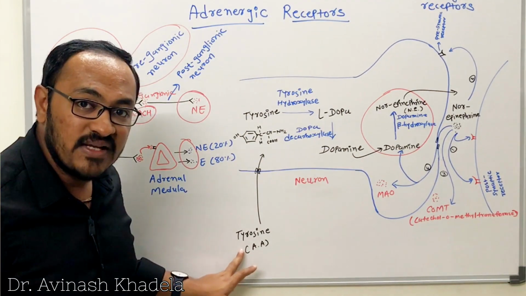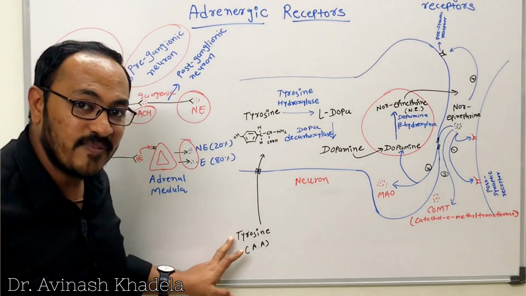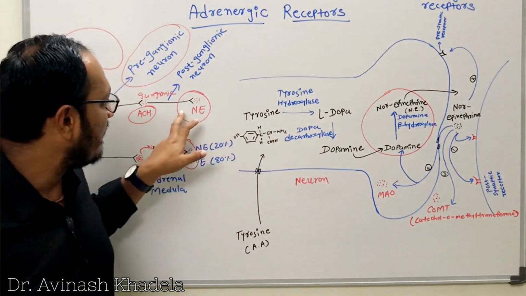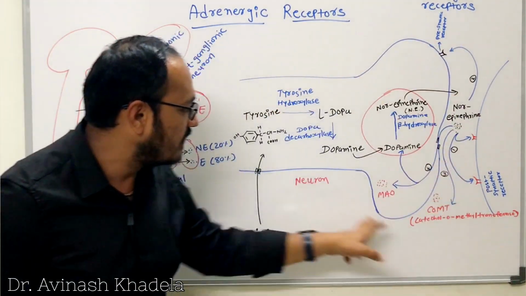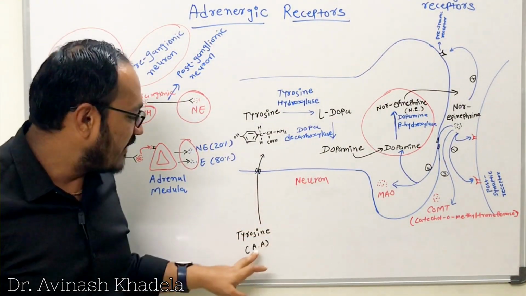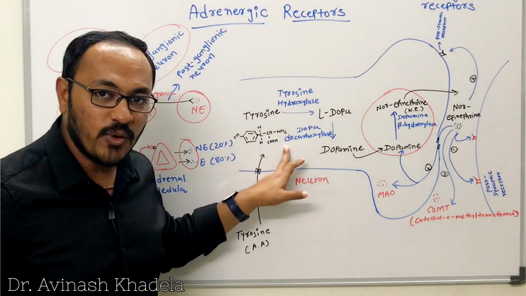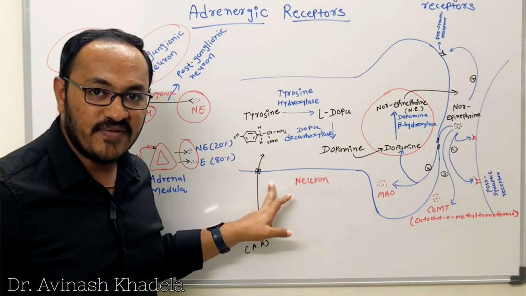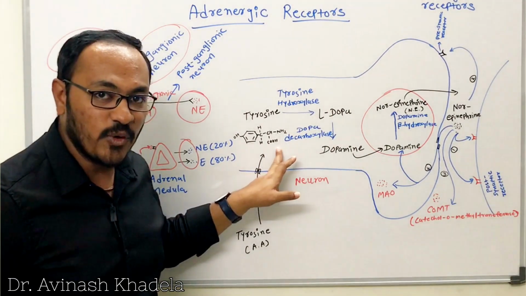This tyrosine is present in the blood, and it is transported into the neuron. Let's say this is the neuron. In this neuron, tyrosine will be transported inside through a sodium dependent tyrosine transporter channel. So this tyrosine will come inside this neuron.